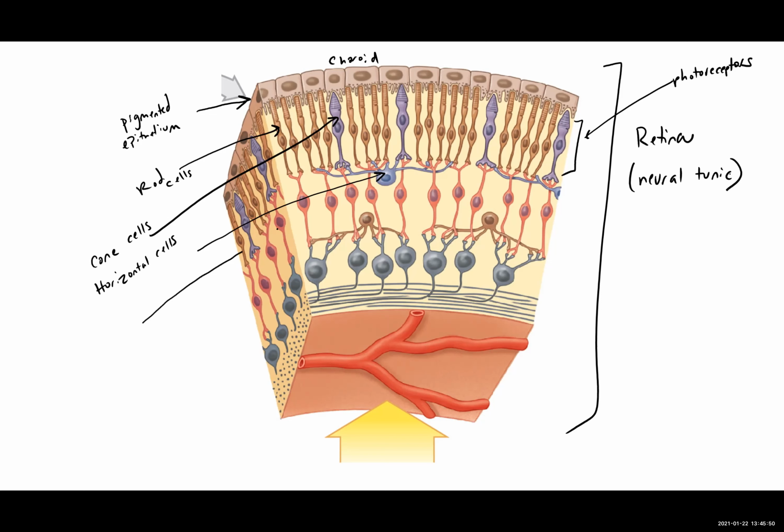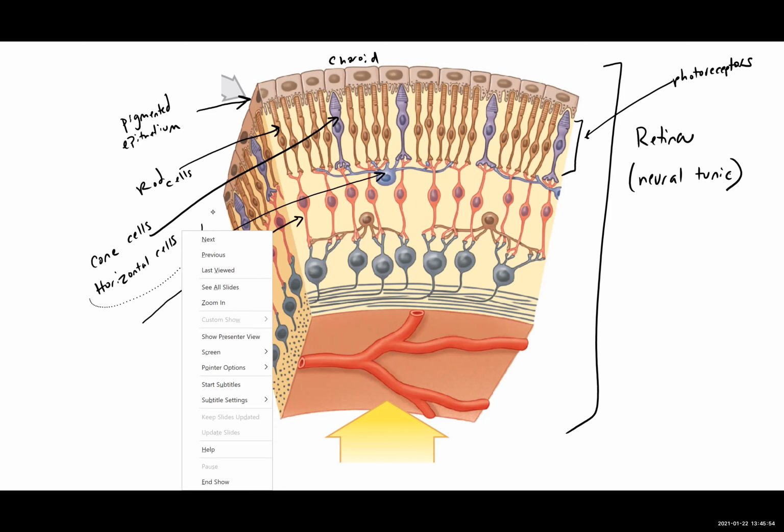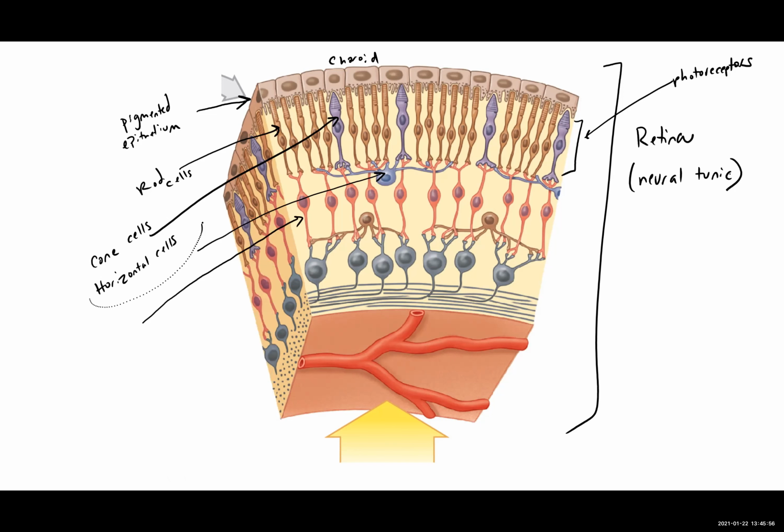That's then the horizontal cells are in between. Okay, so the horizontal cell is in between the photoreceptor and then what's called the bipolar cell.